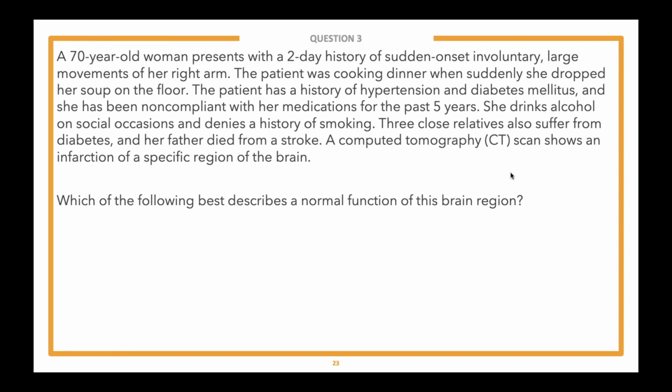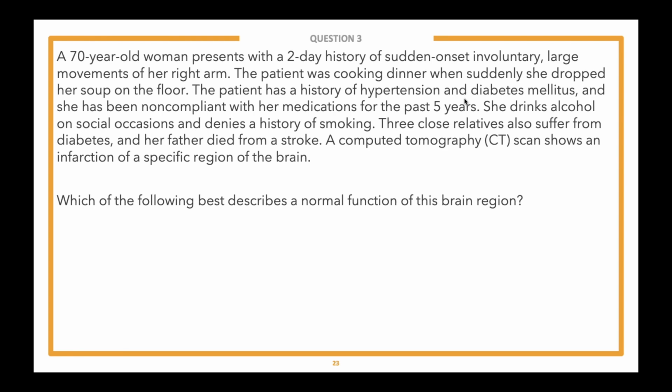She drinks alcohol on social occasions and denies a history of smoking. 3 close relatives also suffer from diabetes, and her father died from a stroke. A CT scan shows an infarction of a specific region of the brain. Which of the following best describes a normal function of this brain region?